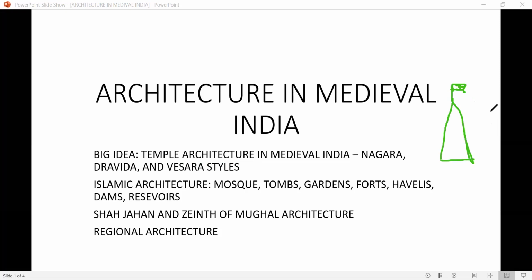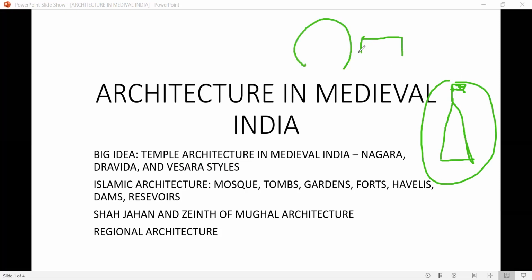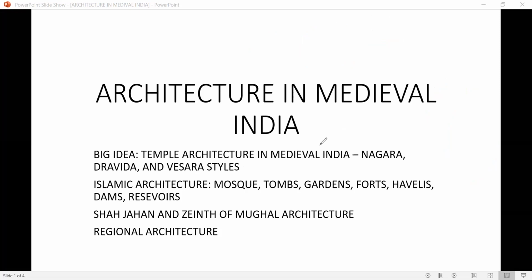We see this architecture, how it can be formed. It can be formed like this also in the square, but it will be called something else. It can be formed like this also, but it will be something else. It will be a tomb, and if we follow like this, then it will be like the Taj Mahal. All things have their architecture, like our house has its architecture.